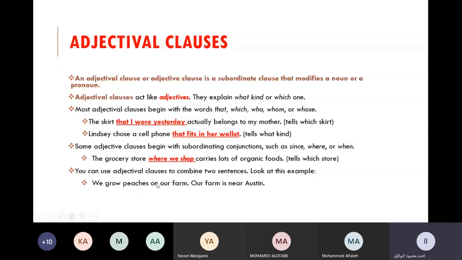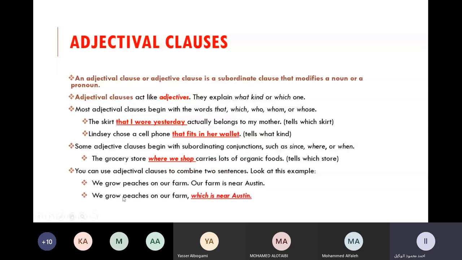Okay, if you can see here in the first clause, I have the place, our farm. And here I have our farm as a subject, right? So you have our farm in this sentence and here in this sentence. All you need to do is just to ellipse our farm from the second one and remove also the full stop and put that or which.